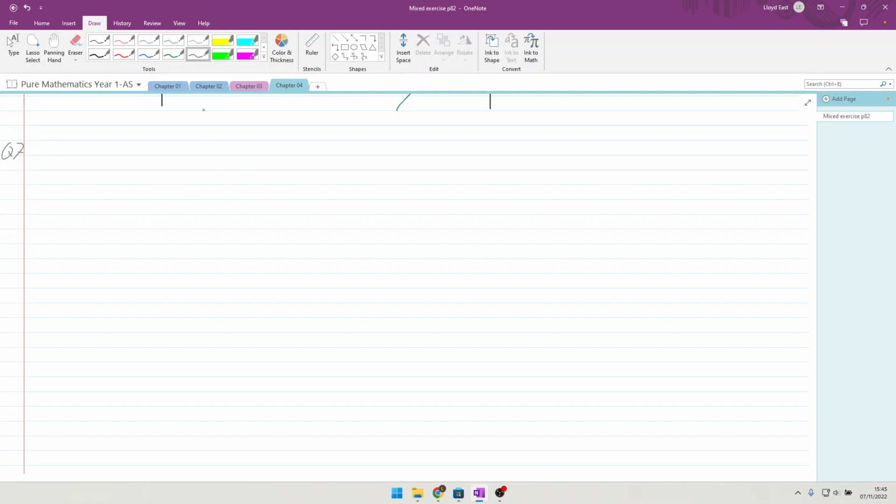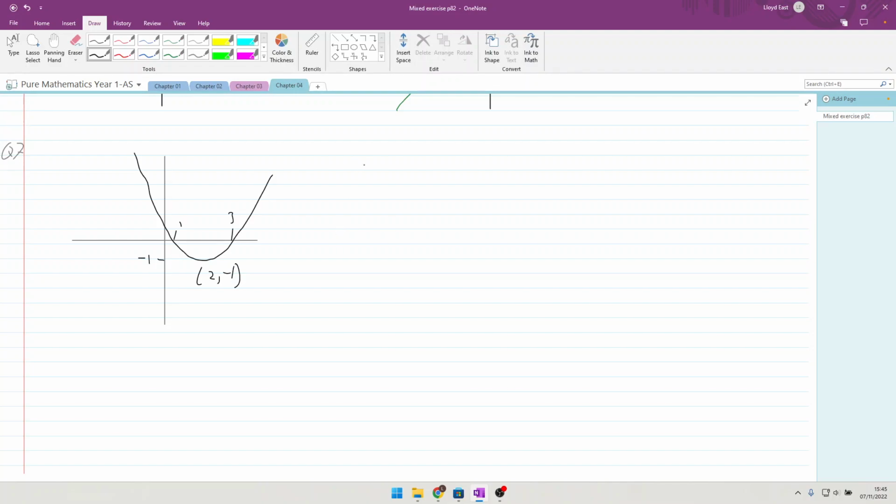Okay, so we have a graph that's coming through, and it looks something like this, and it says this is 1, this is 3, and this is 2, minus 1. Okay, so presumably we've got minus 1 here.